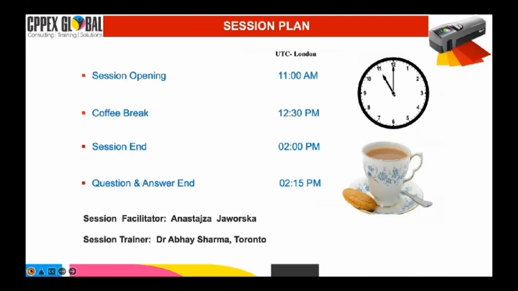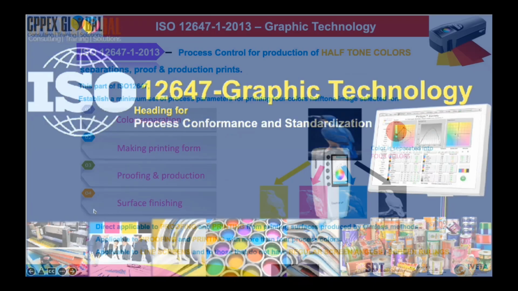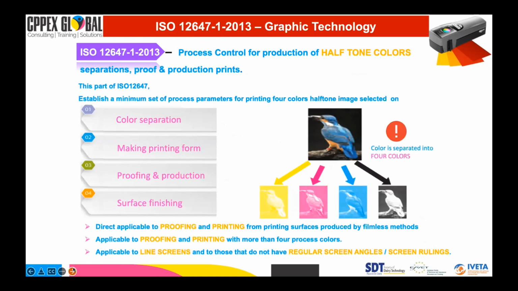Our title for today is graphic technology, and we're heading for process conformance and standardization. We're going to be talking about color, about numbers, measuring, and here you see a number, ISO 12647, for this basic CMYK. So we're doing CMYK in the main. Most of these standards I think will change to CMYK OGB, but at the moment they're CMYK.